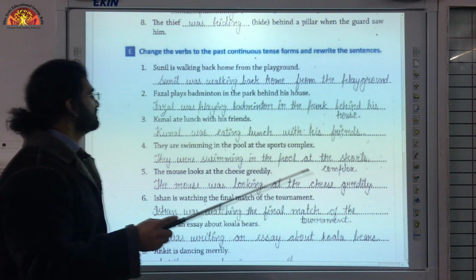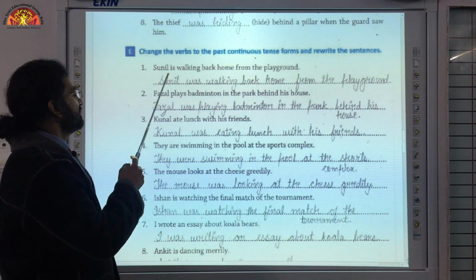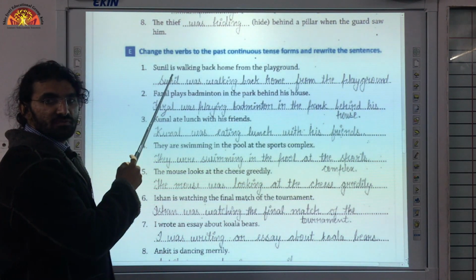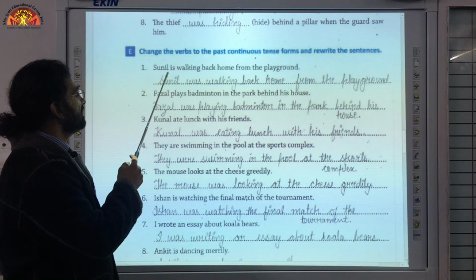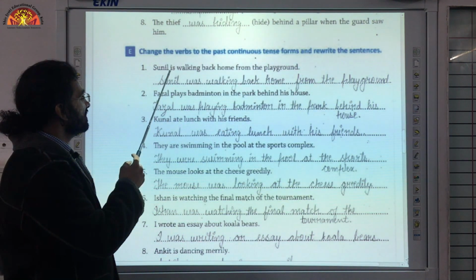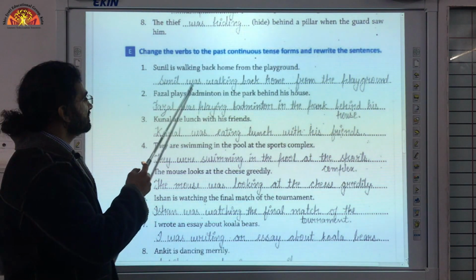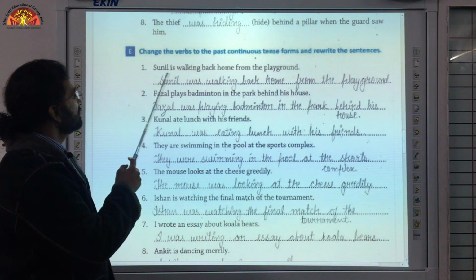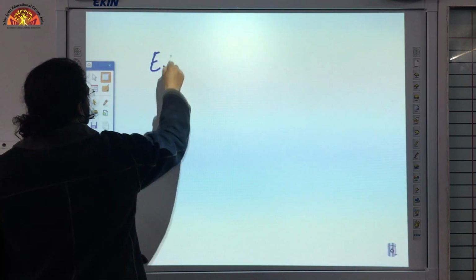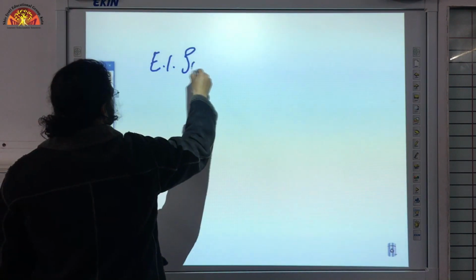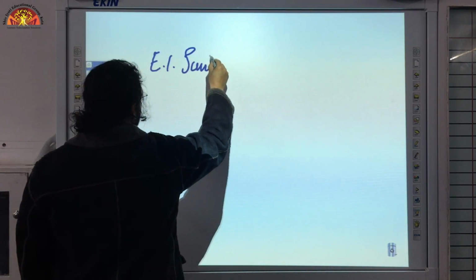All we have done here is just this simple thing. Instead of this helping verb is, we have used was. We have replaced this helping verb is with was. Instead of is, we have used was. Exercise E, first one. In the question we had Sunil is walking.